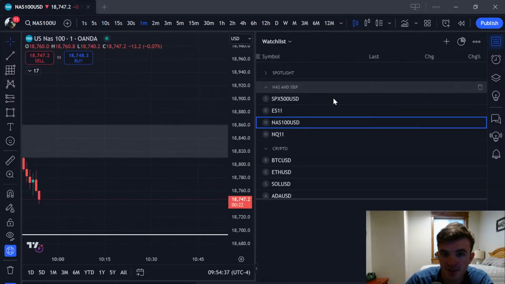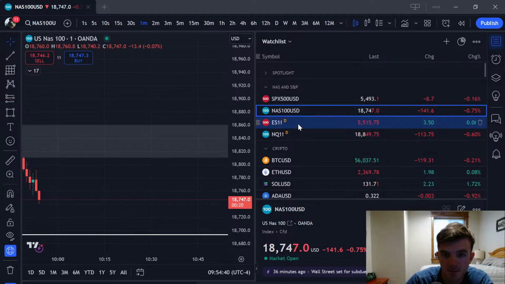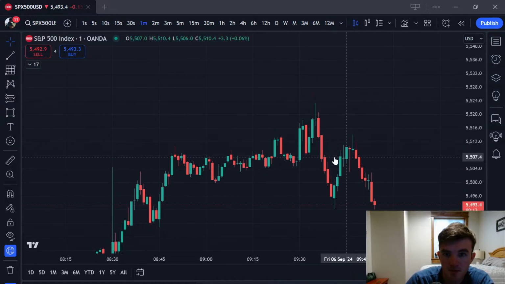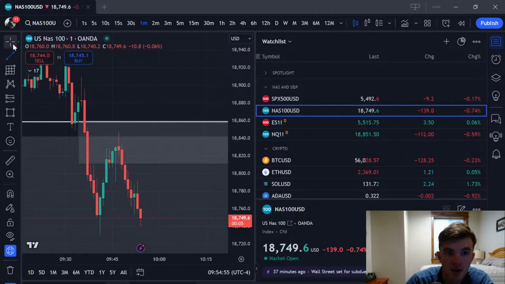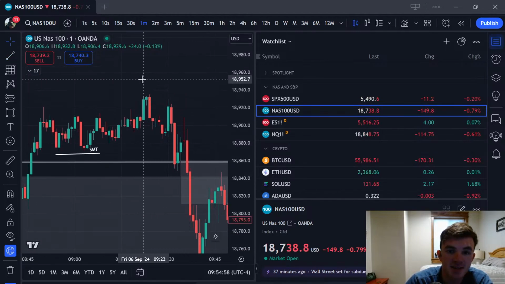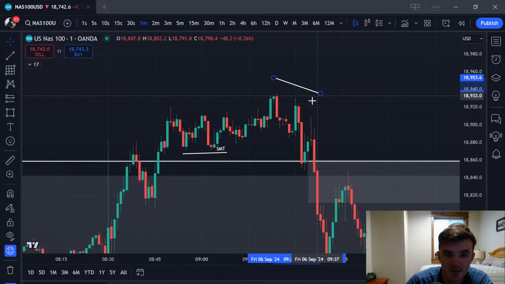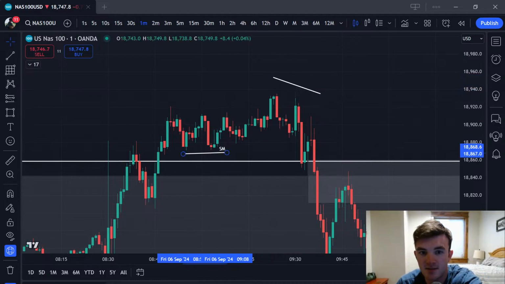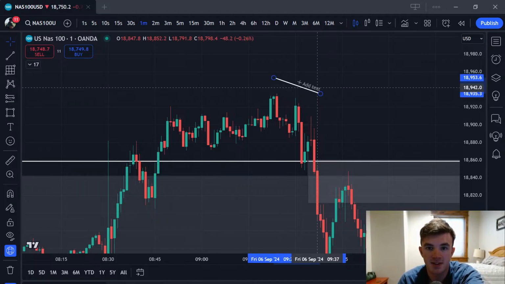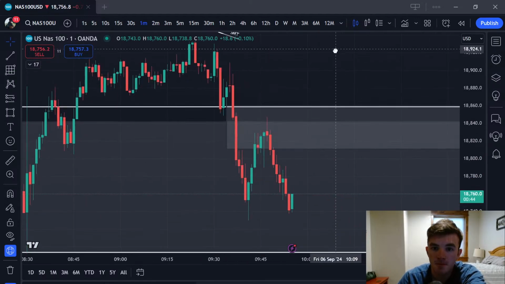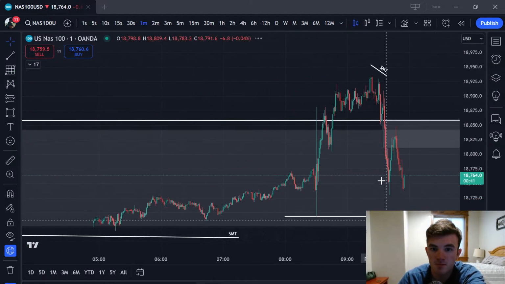Let's check for SMTs. Move that there. So this is interesting. There was a higher high on S&P. Oh, that's so nice. What the heck? This is bearish SMT. Why is that there? It's not. So there's this bearish SMT. What?